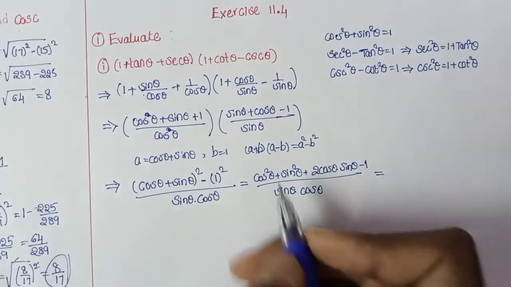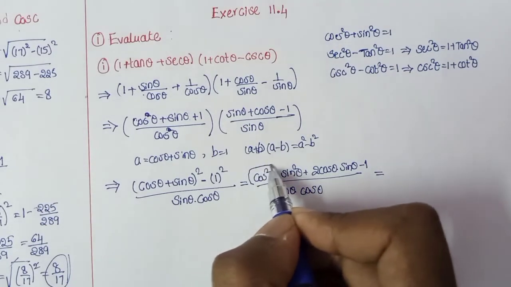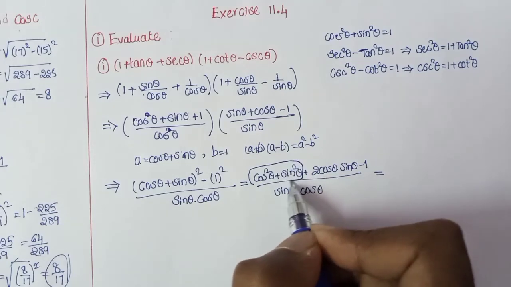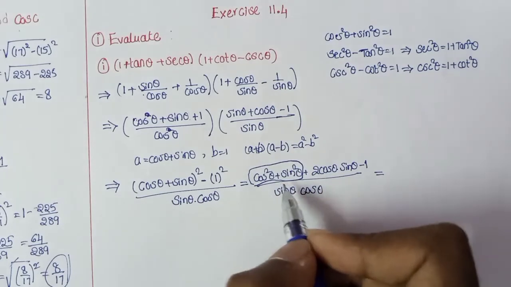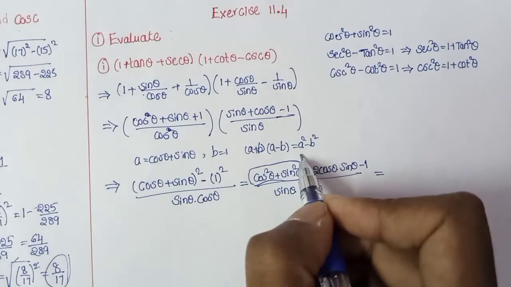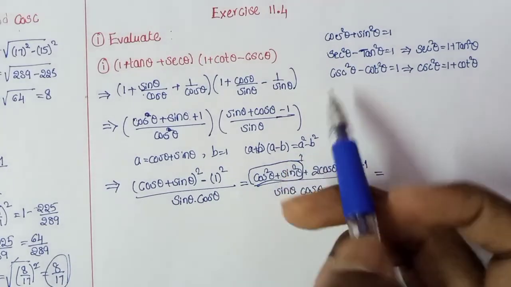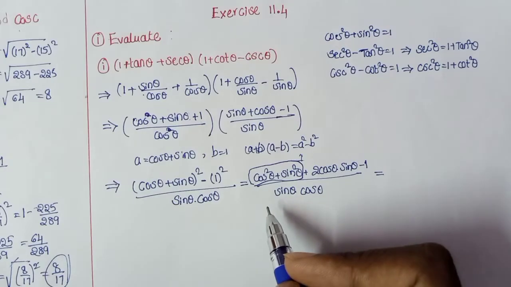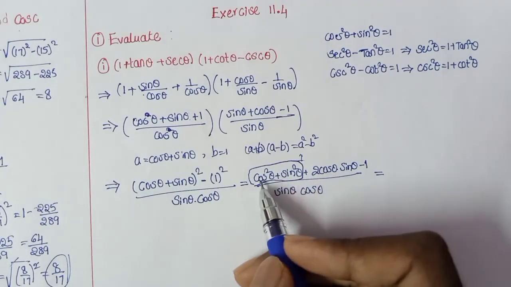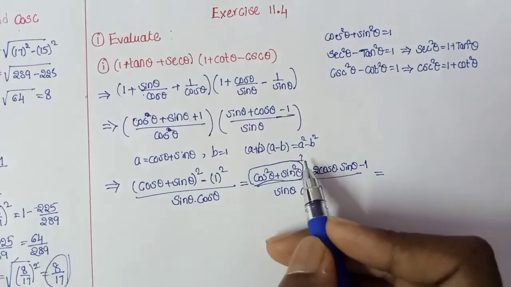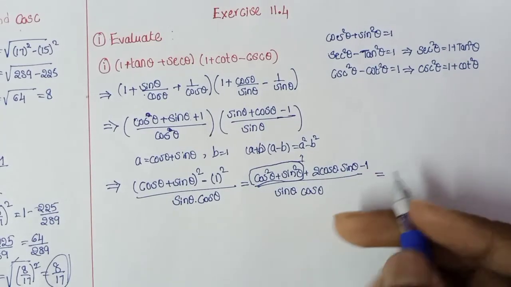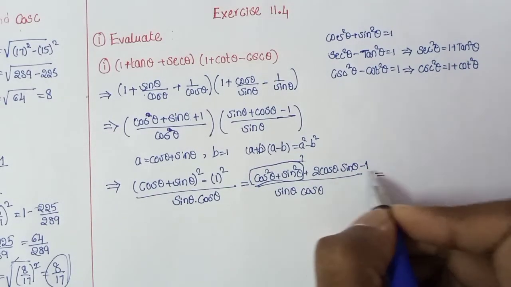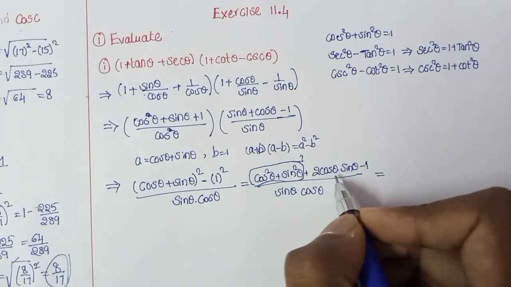We know this identity, cos square theta plus sin square theta is 1. So here 1 minus 1 nullifies to 0. You will be remaining with 2 cos theta sin theta.